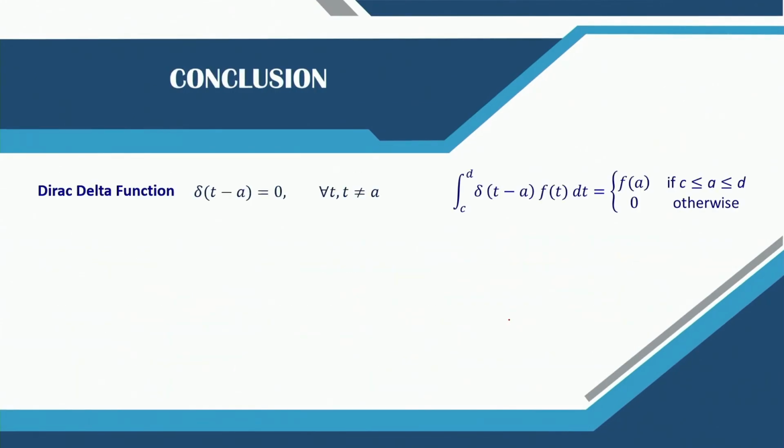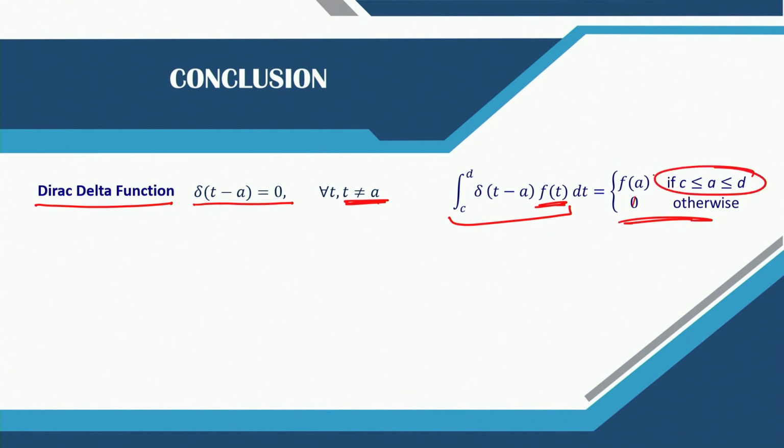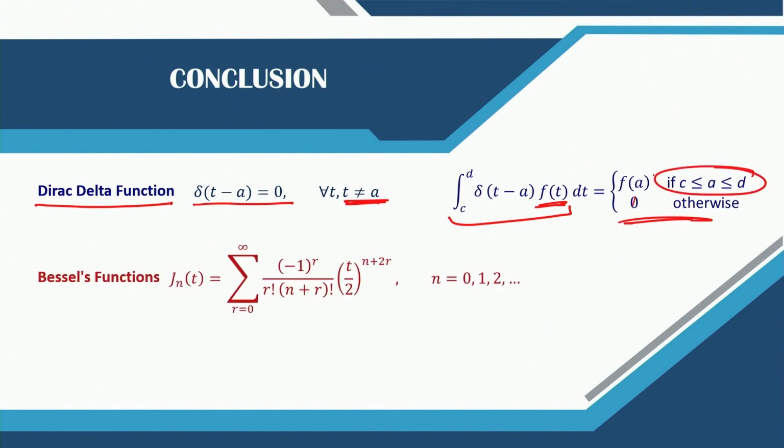And just to conclude, in this lecture we have considered the Dirac delta function, which was defined such that delta(t - a) is equal to 0 whenever t is not equal to a, and the integral from c to d of delta(t - a) f(t) dt is equal to f(a) if a lies between c and d, otherwise it is 0.